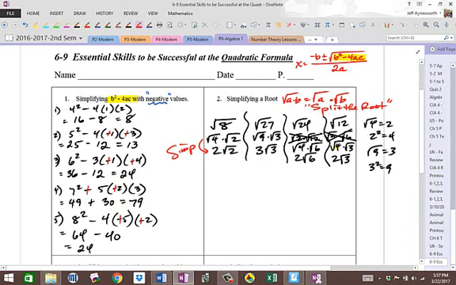All right, now if the number is bigger, like this one here, the square root of, let's say, 96, then you factor 96 and you look for the biggest square. So you take 96 and you do the vertical factor table, and since it's even, you divide by 2. 96 divided by 2 is 48, divided by 2 is 24, divided by 2 is 12, divided by 2 is 6, divided by 2 is 3, divided by 3 is 1.